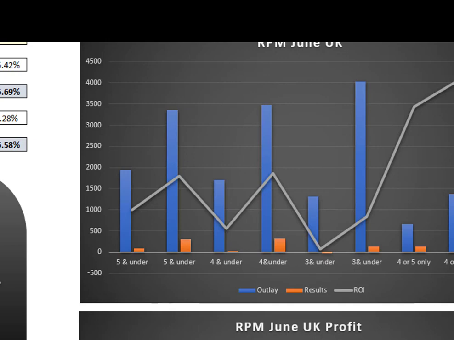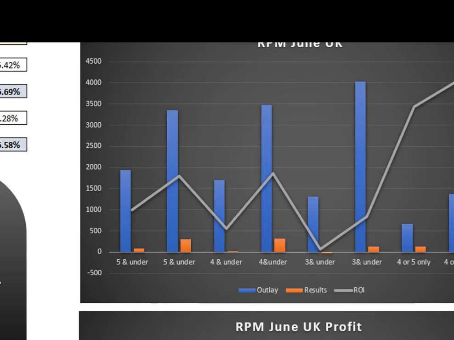Now the 4 and under, so that means any 4 horses or less that qualified, on level staking returned only £22 profit and was 1.3% return on investment.